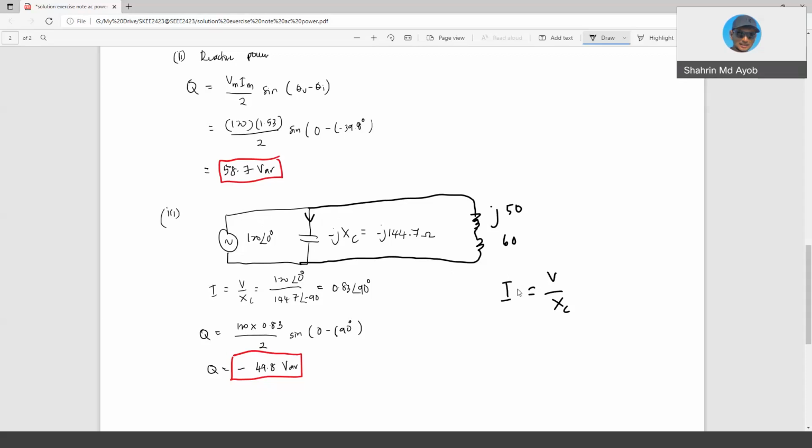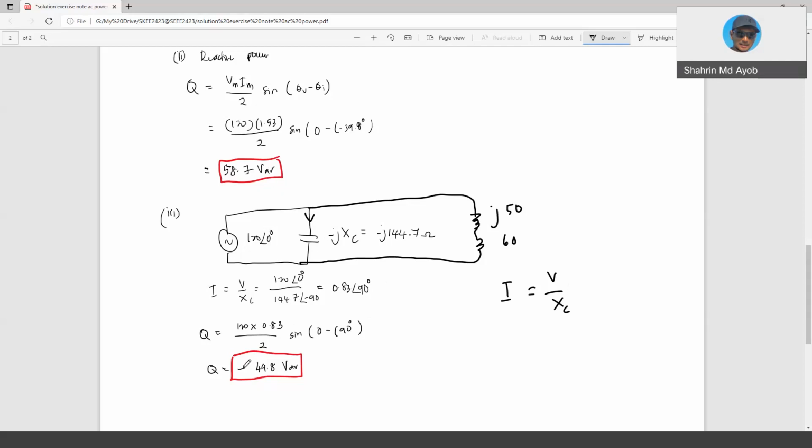The voltage is 120 volt with an angle of 0, while the reactance of the capacitor is 144.7 with an angle of negative 90. You calculate this to obtain the current, and then using the reactive power equation, you finally obtain that Q is negative 49.8 var.